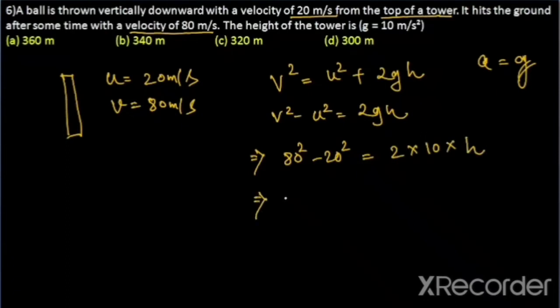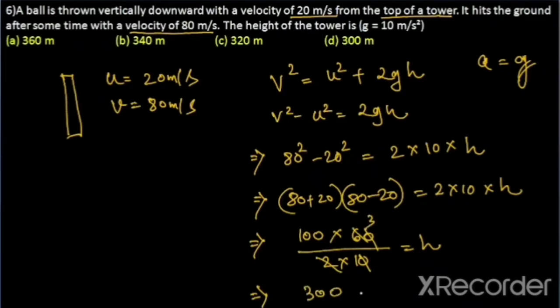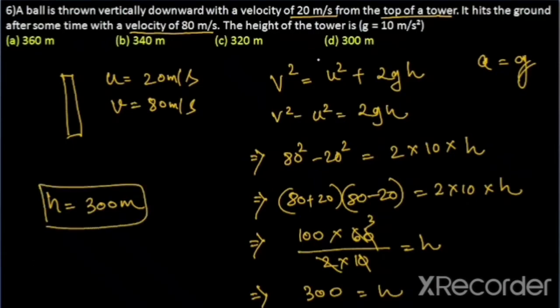So 80 square minus 20 square is 80 plus 20 times 80 minus 20, that is 2 into 10 into h. So 100 into 60 by 2 into 10 is equal to h. So 300 is equal to h. So height is equal to 300 meter. Option number D, 300 meter is the height of the tower.